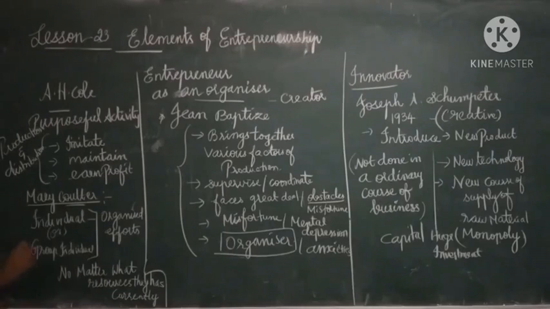Then next, Mary Coulter has given the definition. Whether it is an individual or a group of individuals, they are going to start together and organize all the effort. Entrepreneurship is the process whereby an individual or a group of individuals use organized effort to pursue opportunity to create value and grow by fulfilling the wants of the consumer.